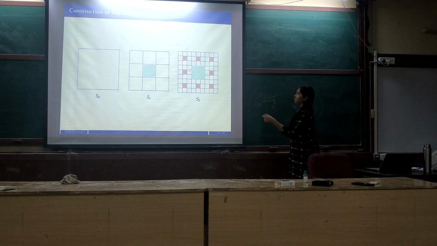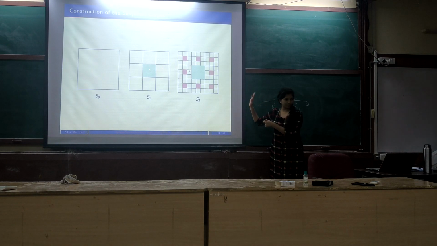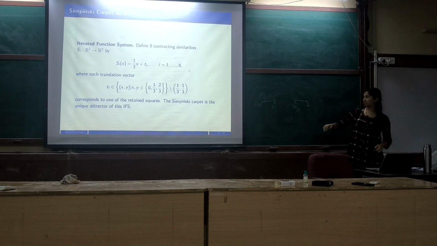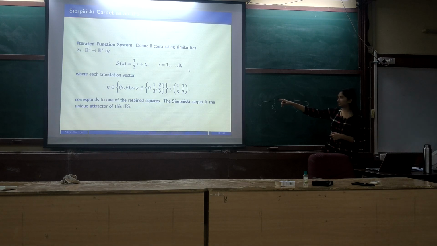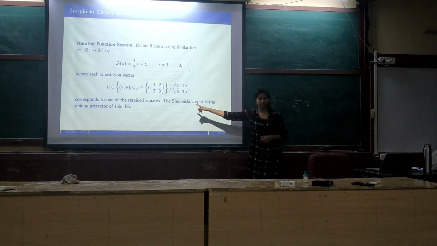And you apply those 8 functions like this over here, and this square will basically map to your 8 subsquares. Then you repeat the same functions for this, and each of those small squares will again map to further subsquares. So these are the contraction maps, x by 3 plus t_i, where t_i belongs to this set. You are basically removing the middle square, so you are removing the (1/3, 1/3) shift.